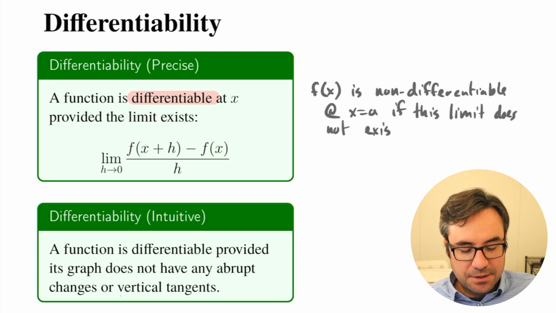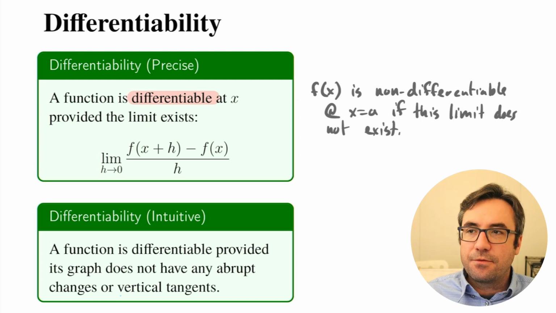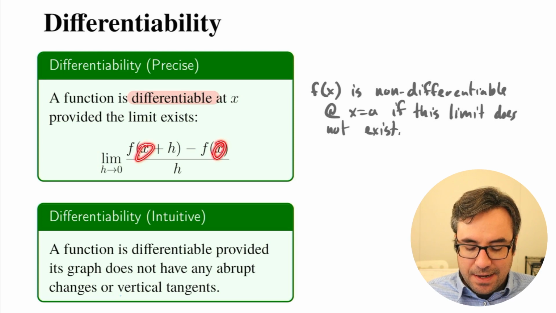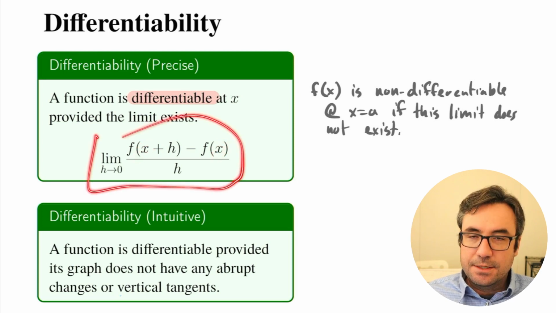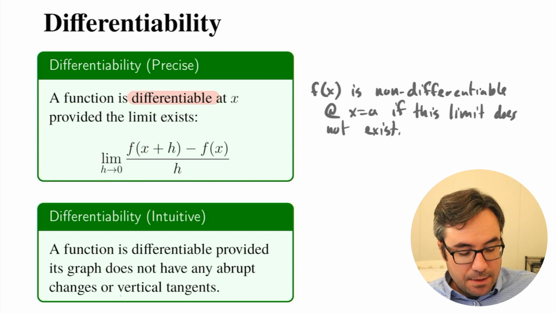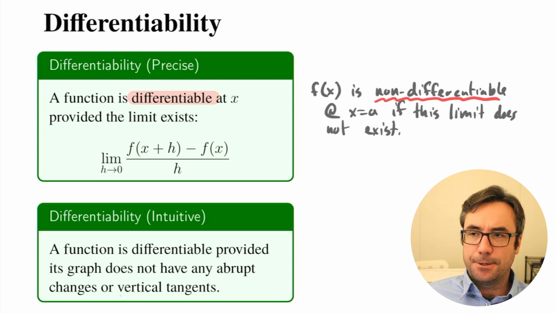There might be some x values out there for our function where, if we plug in the x value, we run into trouble when trying to calculate this limit. And that can happen. So we're defining what it means to be non-differentiable here.